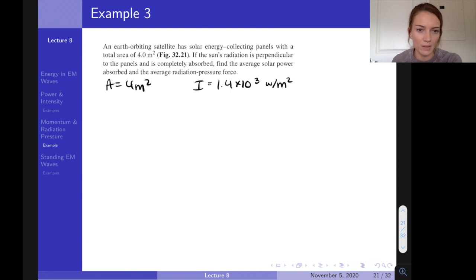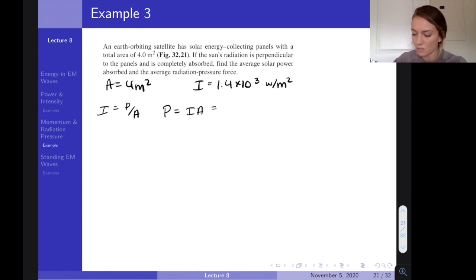Because obviously if all we had was the area of the solar panels, we wouldn't really be able to do much. So in your book it has this, the intensity from the sun's rays at the outer edge of the atmosphere. And now we're looking for the power. So now we have the area and we have the intensity. Remember, intensity is power over area, so the power is just the intensity times the area.